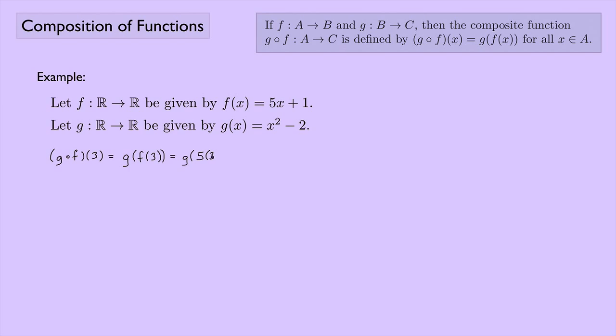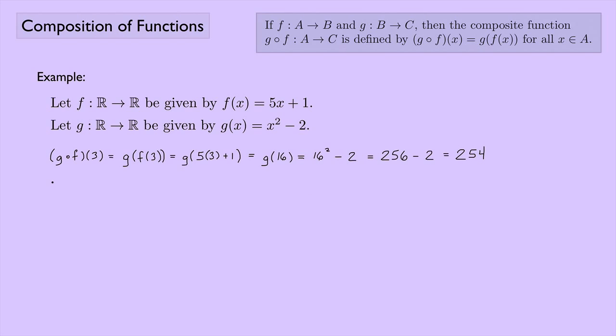That's easy to calculate. 5 times 3 is 15, plus 1 is 16. And what's g of 16? Well, it's going to be 16 squared minus 2. And 16 squared, that's 256, minus 2. And so we get 254.